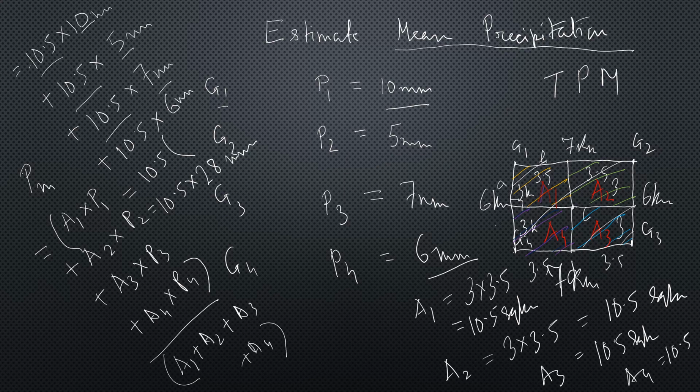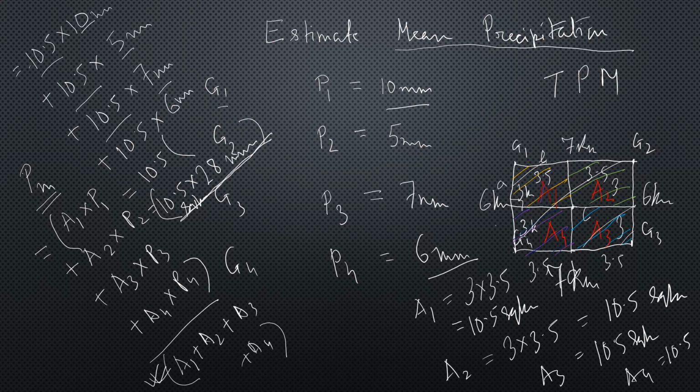so that it results into volume. But as you know, we are trying to find the mean precipitation. So what we will do is 10.5 square km multiplied by 28 millimeter. Now I think we have forgotten about the division by the total area of the watershed, correct?